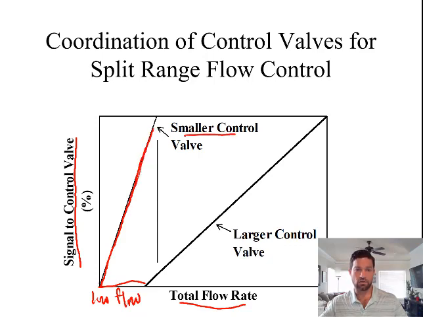Okay, so for low flow, we can achieve control over this range shown here. Once the small valve is fully open, so as we further need increased flow, now this valve is going to be 100% open up here, and then the large valve is now going to start to open.